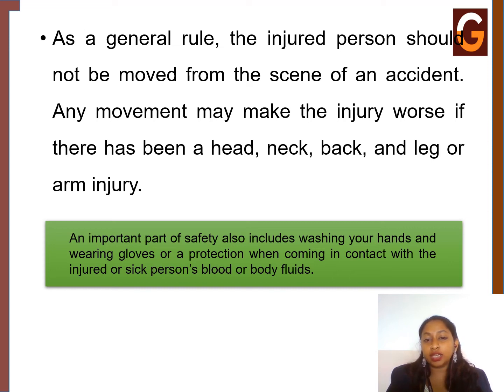If any body fluid comes in contact with our body and we also have an open wound, then blood to blood interaction can happen, and we can be risking our life. So make sure you protect yourself by wearing gloves and sanitizing your hands, so that you are not making the area septic or spreading infection.